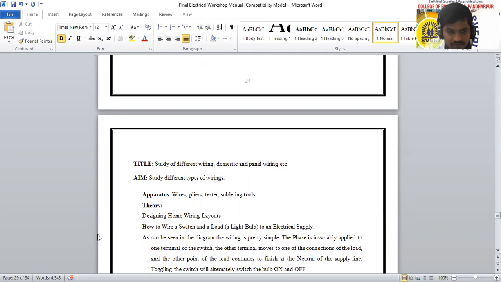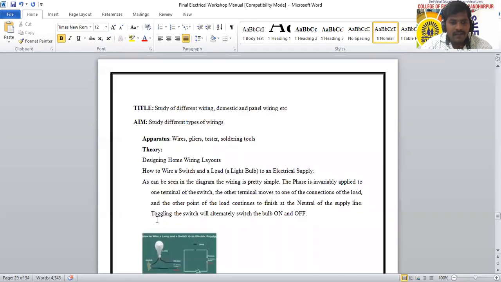Now, the theory: designing home wiring layouts. First, how the home wiring can be designed to control the lamp and fan used in the home, that is the domestic type of wiring.